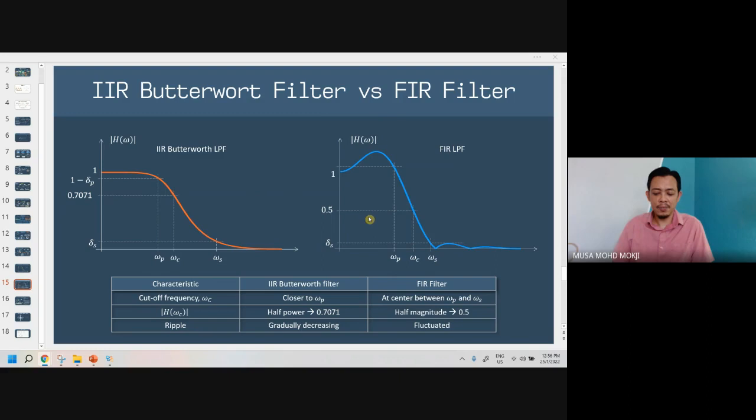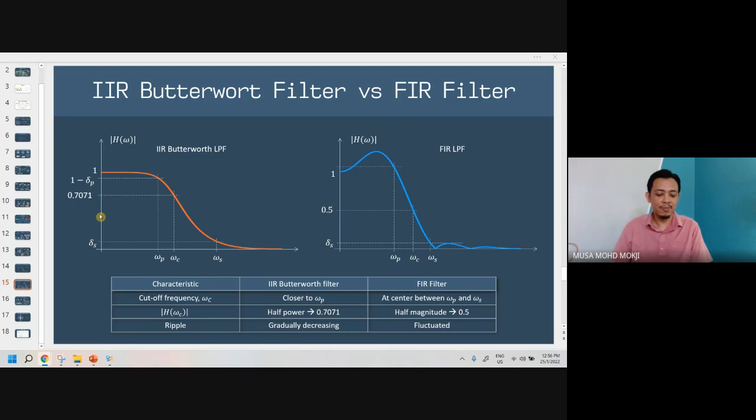When we do the windowing method, we take an ideal filter and turn that into an impulse response. From there, we are setting the cutoff frequency at half magnitude. So both are a logical design because we are taking half. It's just that FIR is a half magnitude, IIR is a half power. So that is minus 3 dB. Minus 3 dB is a half power.